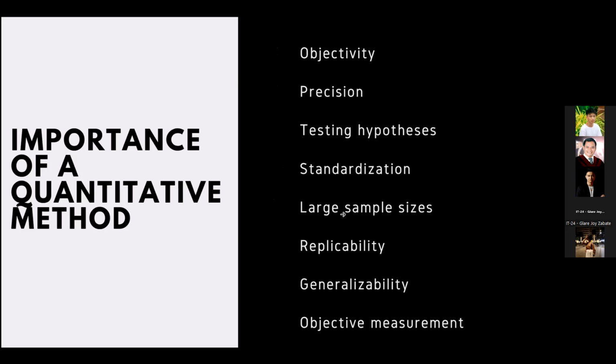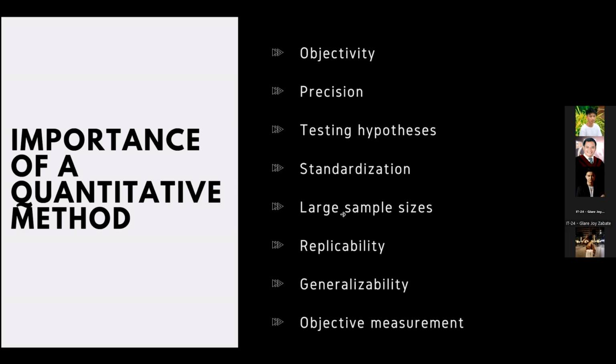Next is standardization. Quantitative research methods rely on standardized measurement instruments and procedures, which ensures that data collection is consistent across multiple studies. This standardization enables researchers to compare and contrast results across studies, increasing the reliability and validity of their findings.